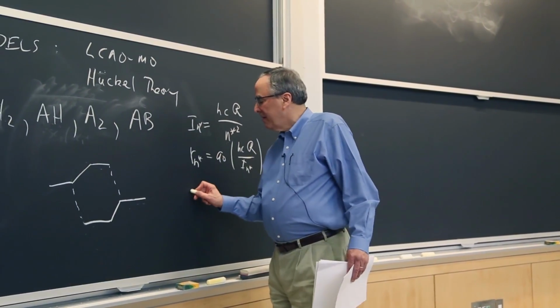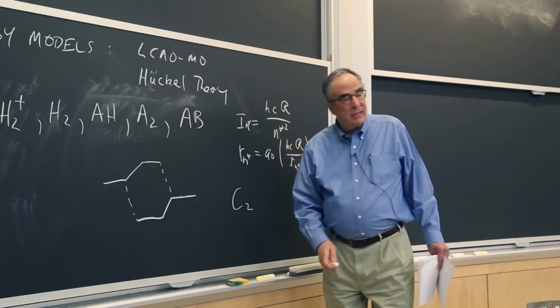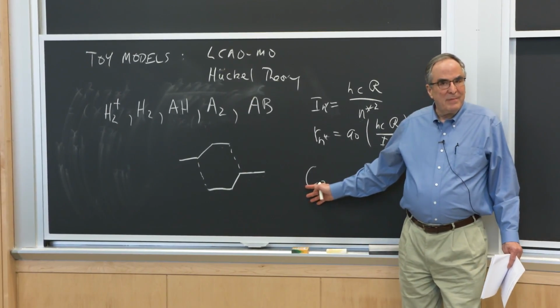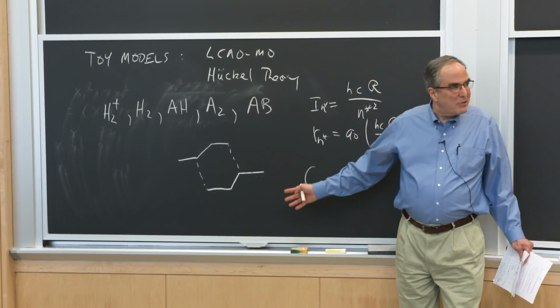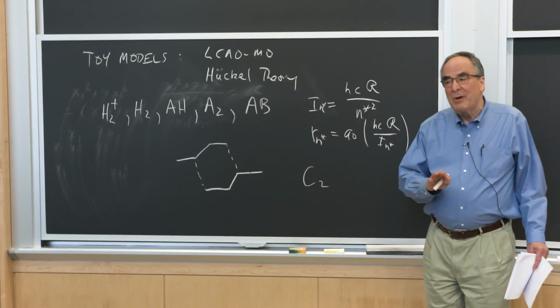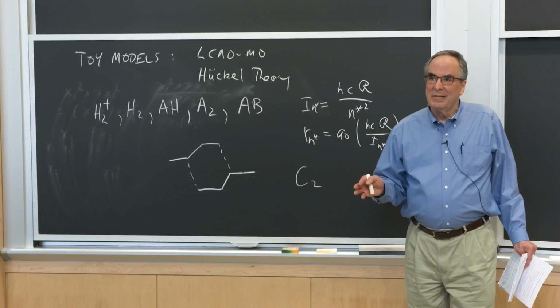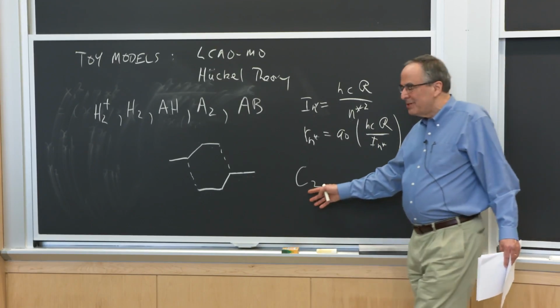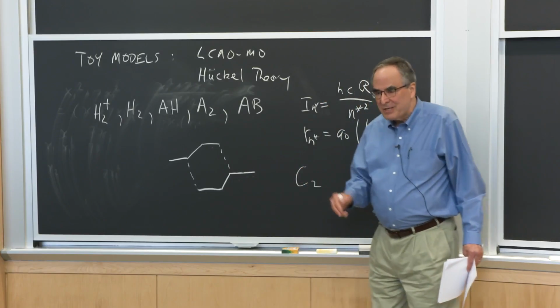For example, if you were to look at the molecular orbital diagram for C2, which is a perfectly legitimate gas phase molecule, you'll see that there's a little bit of ambiguity about which is the ground state. And this is an important thing. There was a big controversy about this that was settled by spectroscopy.